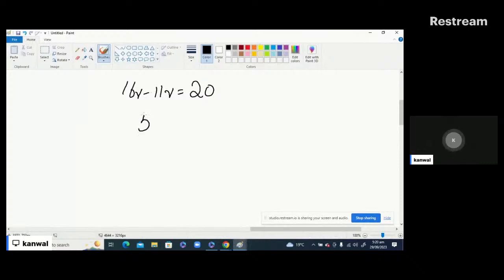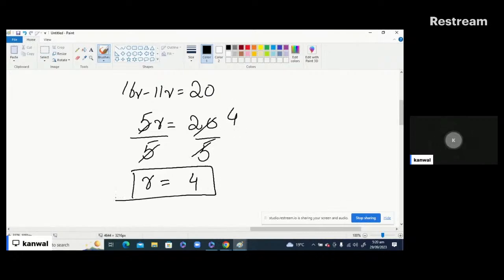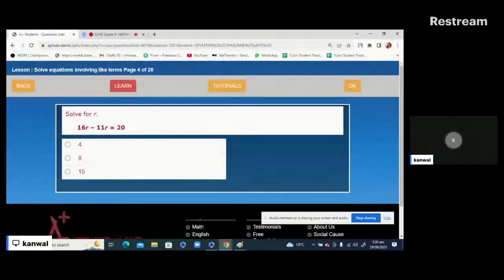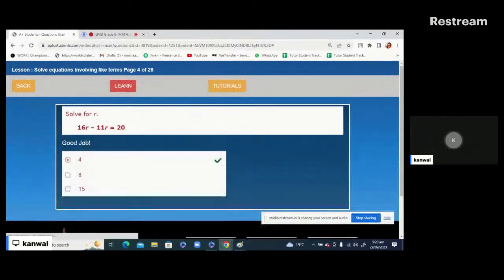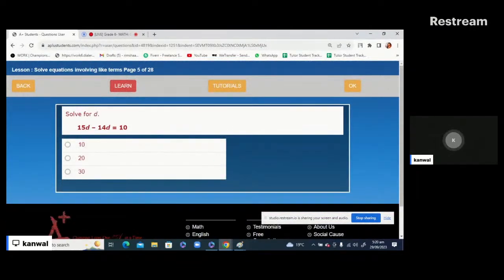It's 5r is equals to 20. Now divide on both sides with 5. Here the 5 cancels out, it's r, and from here it's 4. Okay, so the answer is 4. Hope you guys are able to solve the remaining parts of all these.